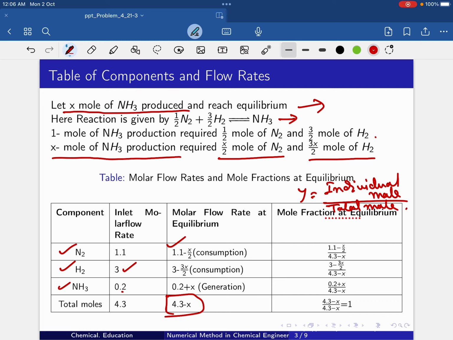So the mole fraction of nitrogen is (1.1 minus x/2) divided by (4.3 minus x). Similarly for hydrogen, (3 minus 3x/2) divided by (4.3 minus x). Similarly for ammonia, (0.2 plus x) divided by (4.3 minus x). If you add all these mole fractions, you know the summation of all mole fractions is 1, so you will get the same thing.